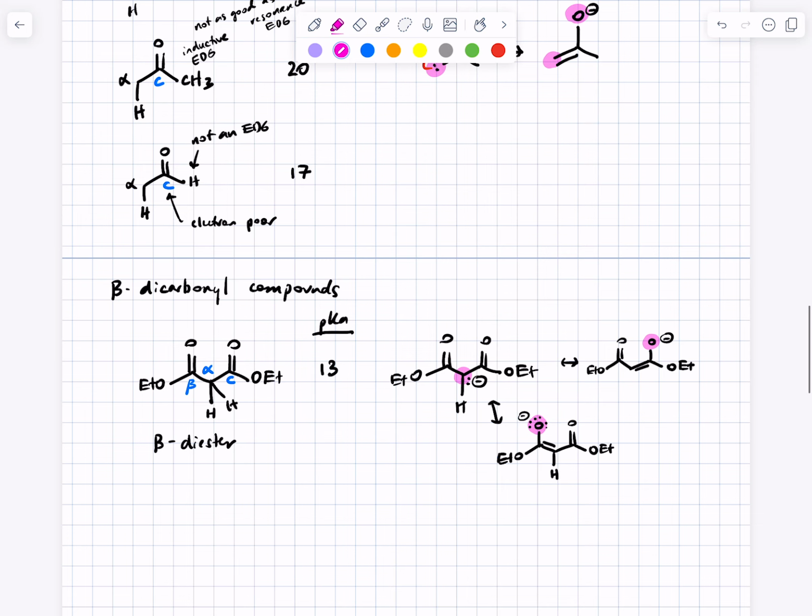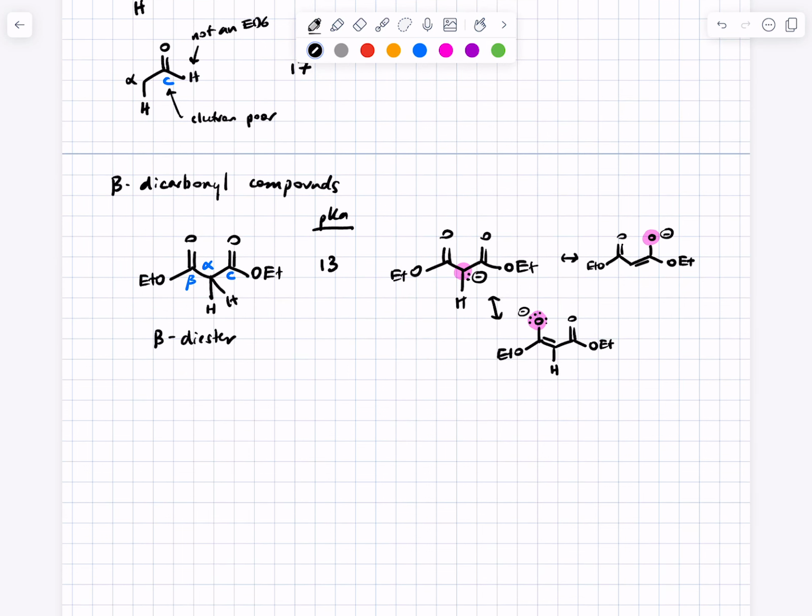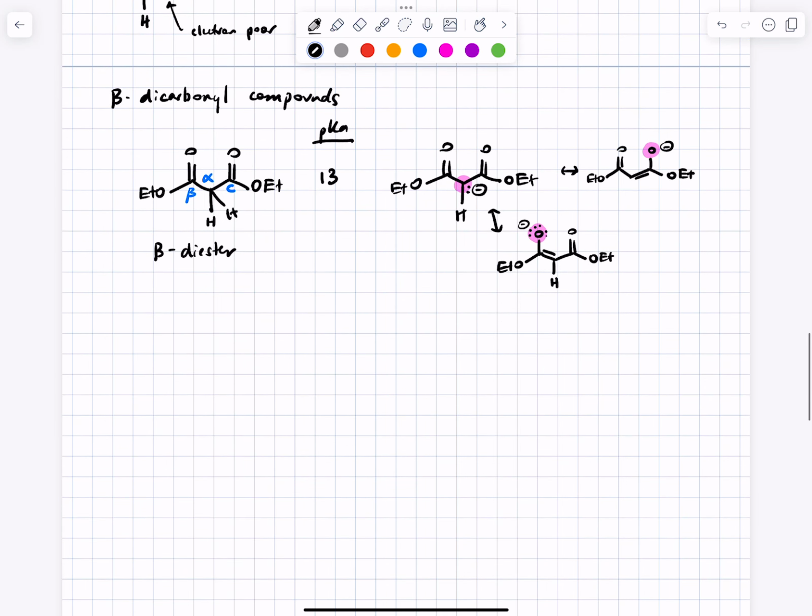Now we can do some interesting things like mixing and matching carbonyl compounds on these 2 carbonyl carbon and beta carbons. For example, here is a beta diketone, and here is a beta keto ester, where the ester has a ketone beta to it.